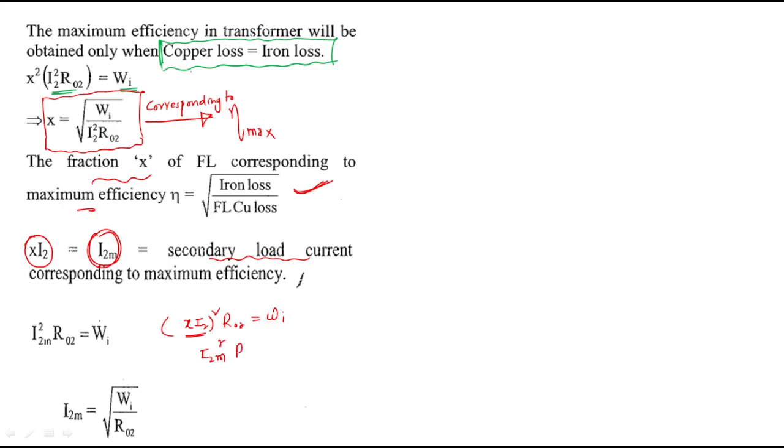Therefore I2M square into R02 is equal to iron loss component, right? This is the secondary load current which corresponds to maximum efficiency. It is the square root of iron loss component by resistance.